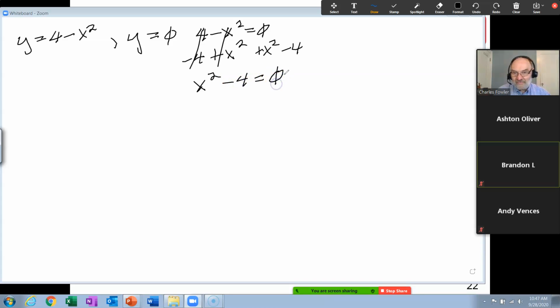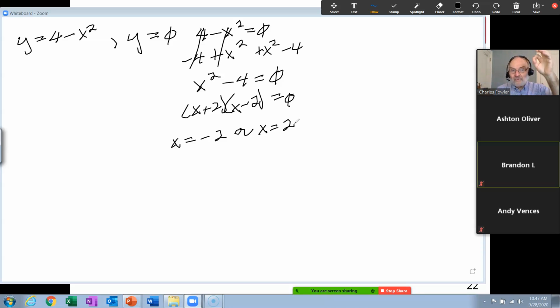Now you probably had already figured this out. This is x plus 2 times x minus 2 equals 0, and that tells you either x is equal to minus 2 or x is equal to plus 2. Those are our two endpoints, x going from minus 2 to plus 2.